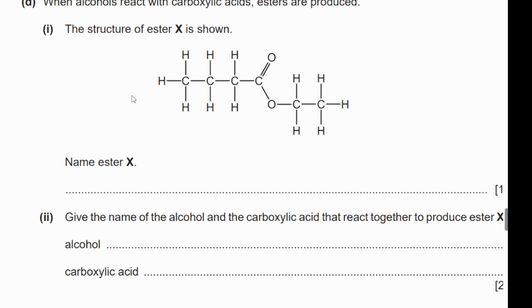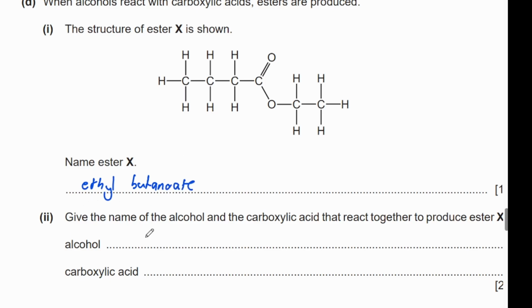When alcohols react with carboxylic acids, esters are produced. Name ester X. So this should be quite simple. The number of carbons connecting to this O right here is 2, so the first part will be ethyl. And the number of carbons connected to the double bond O is 4, therefore the ester is called ethyl butanoate.